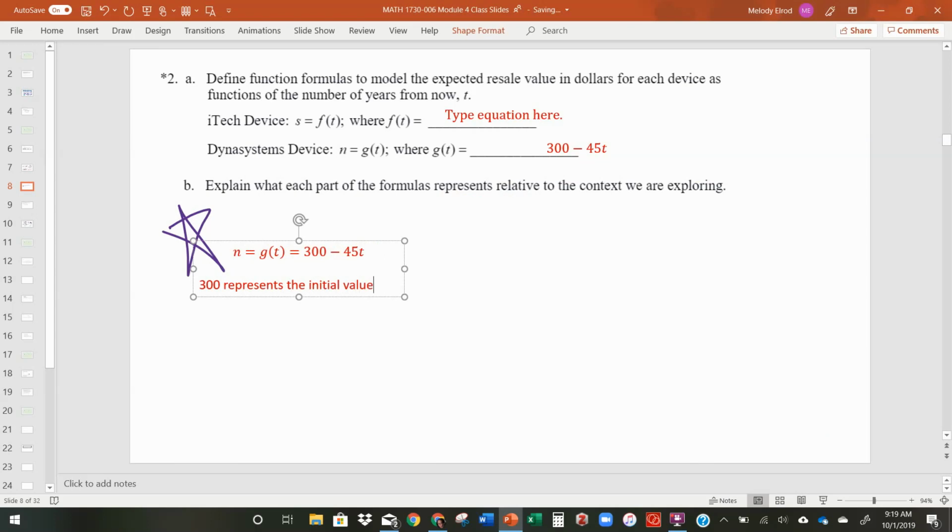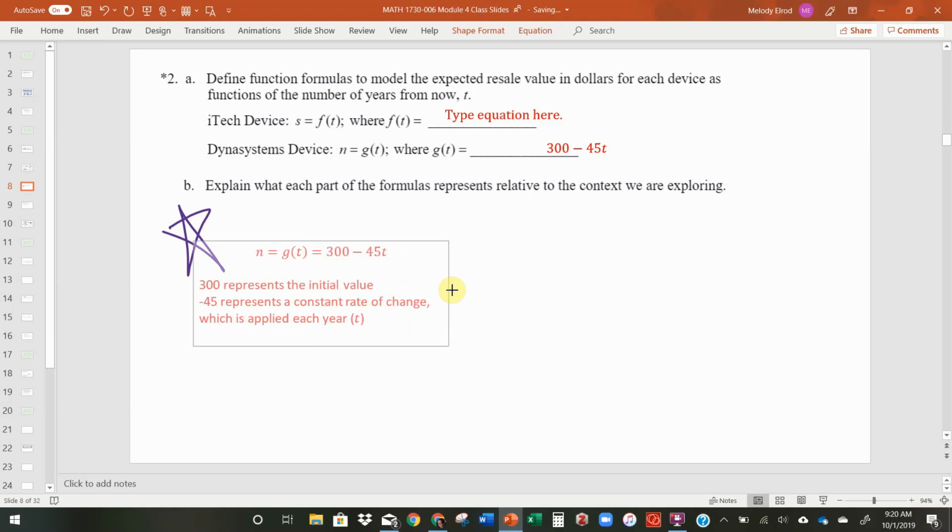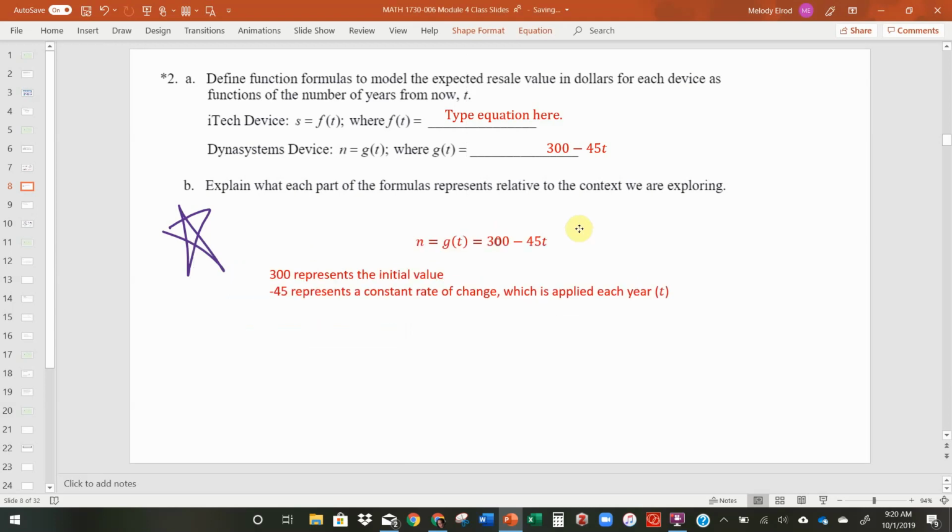It's where we start. It's the y-intercept. It's when the time is 0, right? The negative 45 represents a constant rate of change, which is applied each year, or t. All right, so we've got this model here, which gives us what we need. Okay, so that's what that represents.